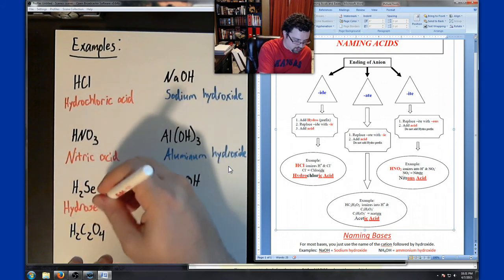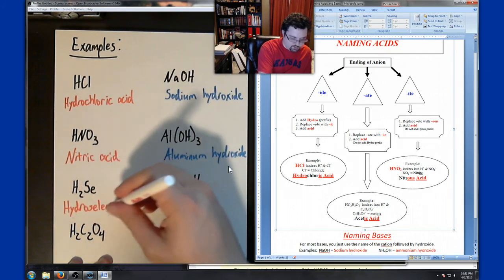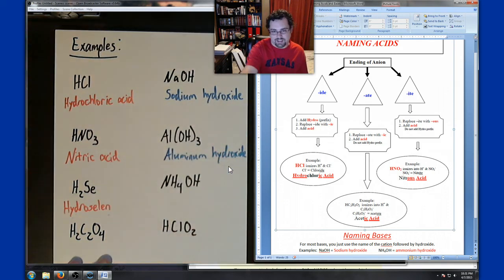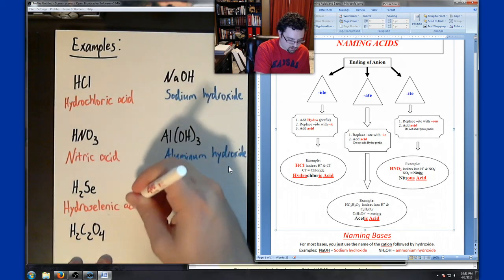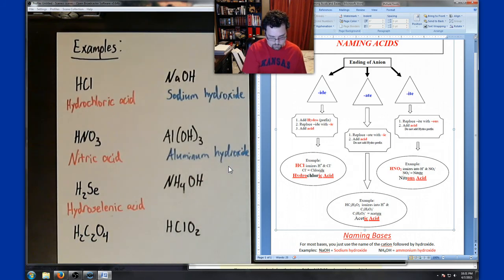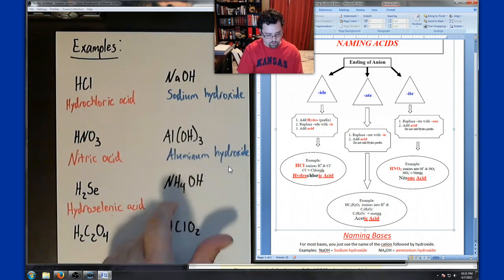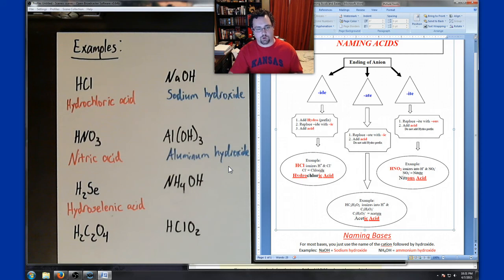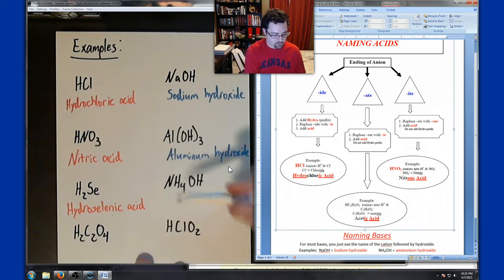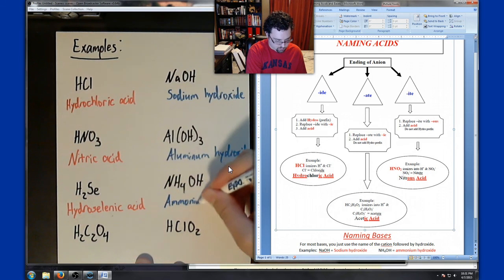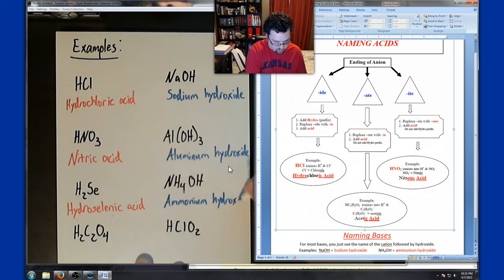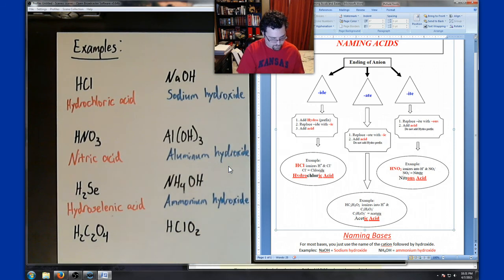Hydro, selen, instead of "ide", we change "ide" to "ic". Hydroselenic acid. Okay. Another base one, NH4OH. NH4 is a polyatomic ion. That guy is ammonium. And OH once again is hydroxide.